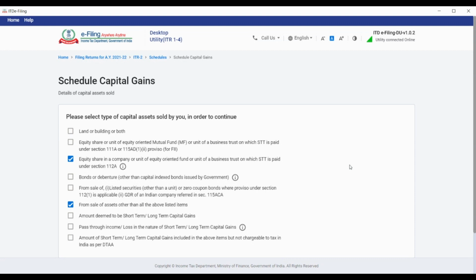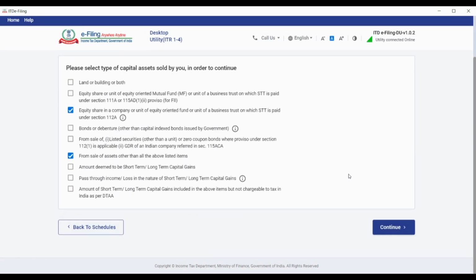So whether it is long term or short term, only these two sections are applicable: equity share in company or unit of equity oriented fund or unit of business trust on which STT is paid under 112A, and sale of assets other than the listed items. Okay, so these two are applicable. Now let's go to the next page.